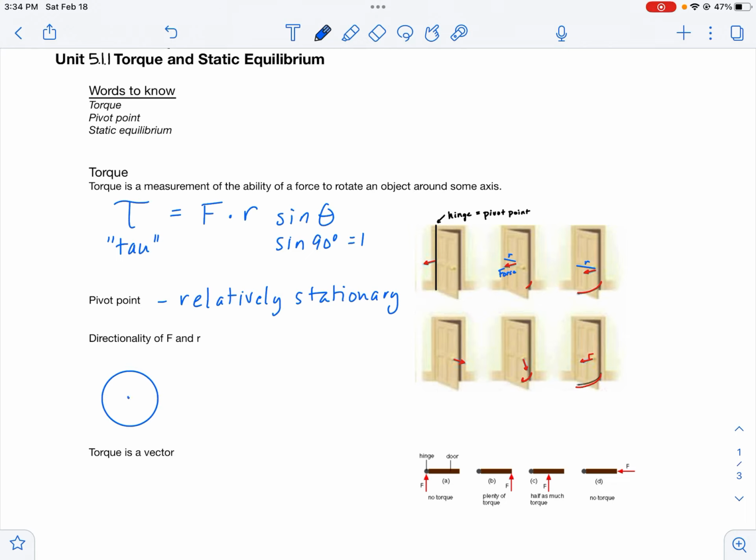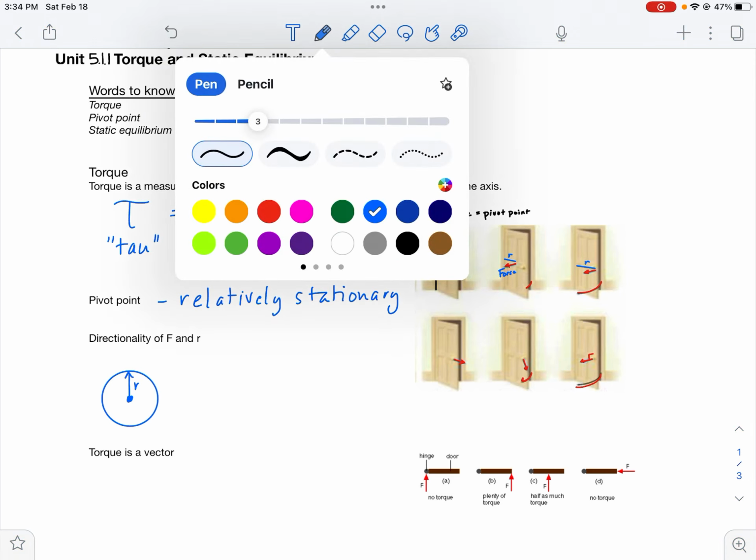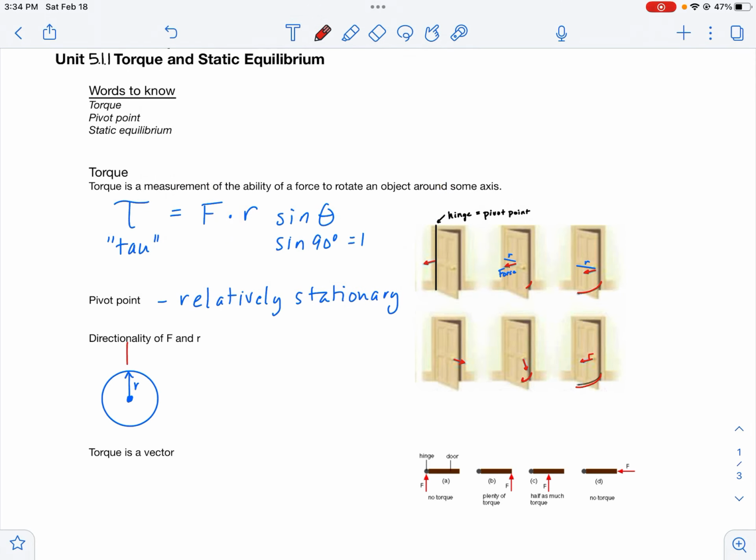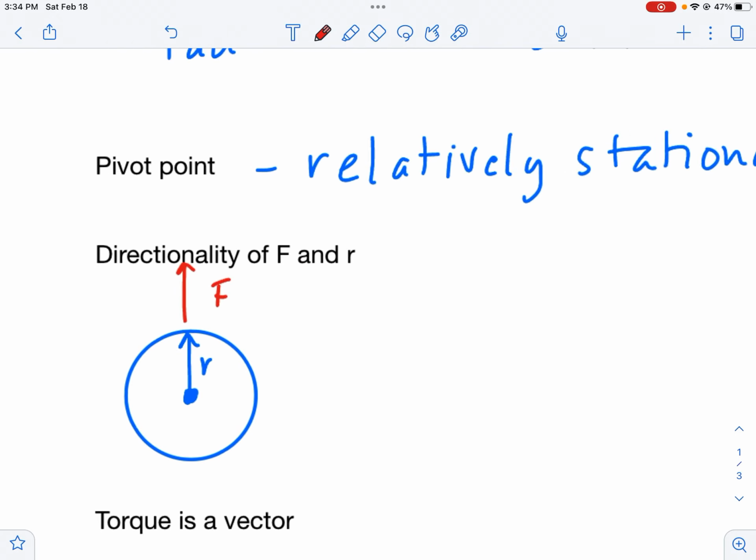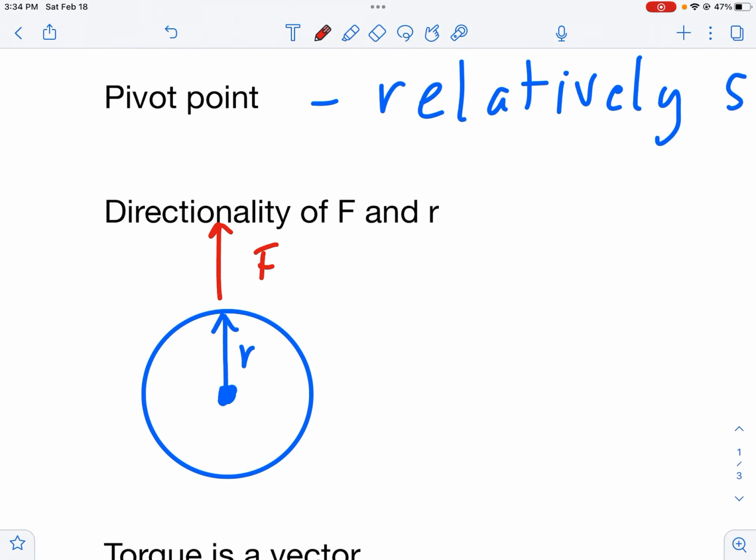So if I've got a central point here, I've got an R distance and then a force acting. In this case that I just drew, F and R are parallel. The angle between them is 0 degrees. The sine of 0 degrees is 0. So the torque created in this scenario is also 0.